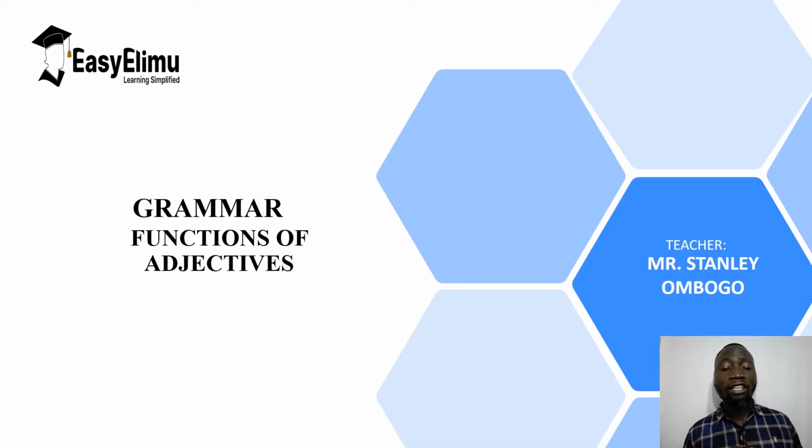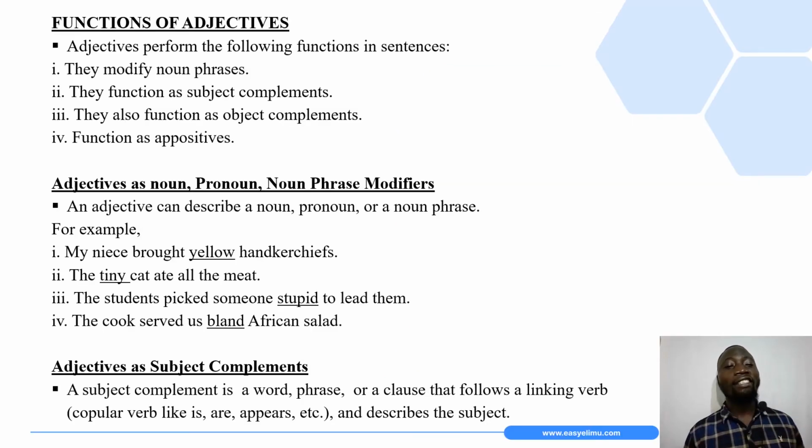video, this is still a continuation of adjectives, and in this video I'd like us to look at some of the functions of adjectives in sentences. So dear students, adjectives perform various functions in sentences.